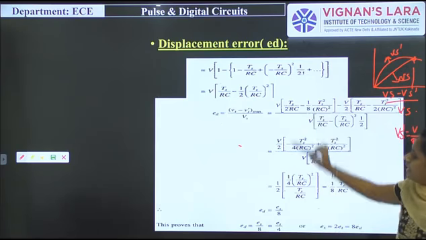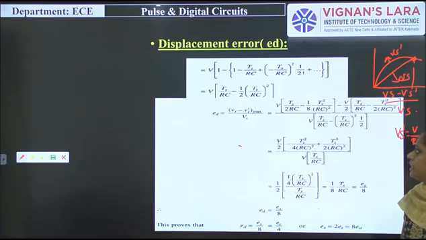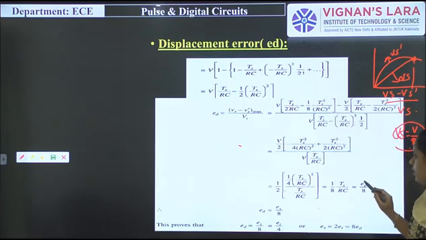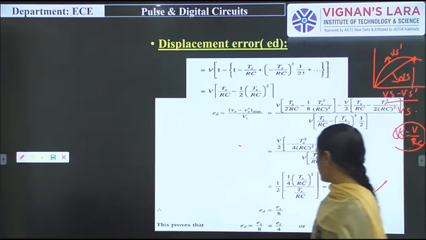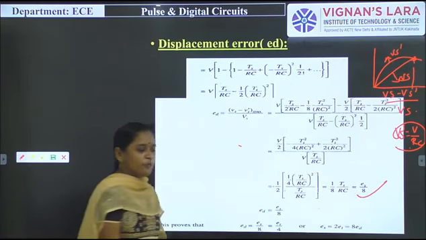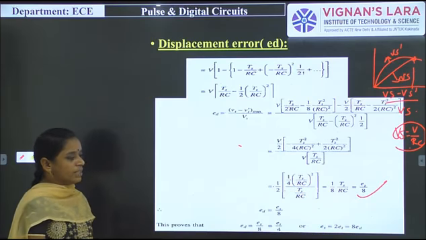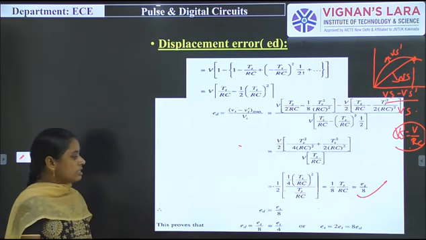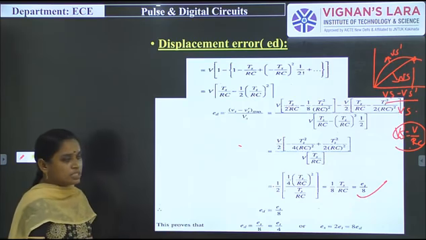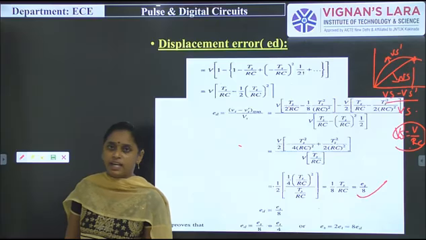Simply Vts by 2RC minus 1 by 8 into Ts square by RC square. Why? Because I have to take this Vs in the initial condition. So I have to substitute these Vs and we get this Vs dash from this, and by solving this equation we get 1 by 2 into 1 by 4 into Ts by RC whole square by Ts by RC. Simply that is Ed is equal to Es by 8, which is equal to Et by 4. So this is about the displacement error.